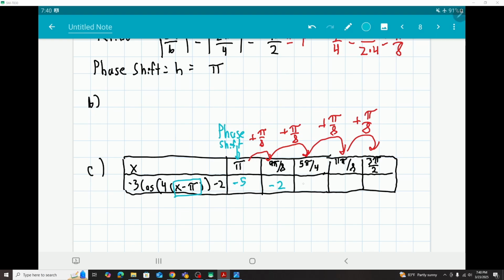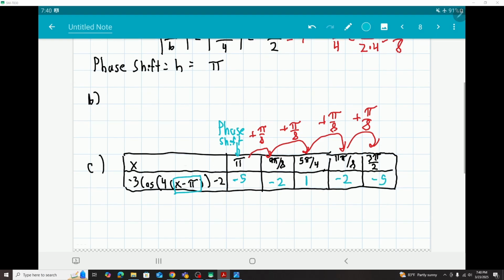Times minus 1 is 1. We go back to this blue box with 11 pi over 8. So we get 11 pi over 8 minus pi is 3 pi over 8. Times 4 is 3 pi over 2. Cosine of 3 pi over 2 is 0 again. So we repeat minus 2. And then we could sanity check it, but we do go back to minus 5 at 3 pi over 2.